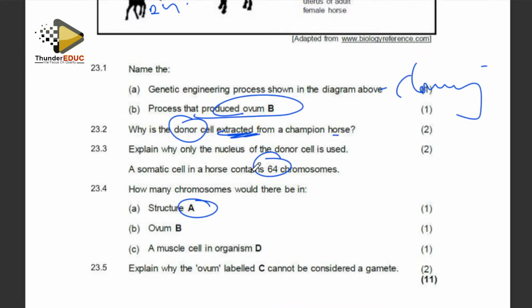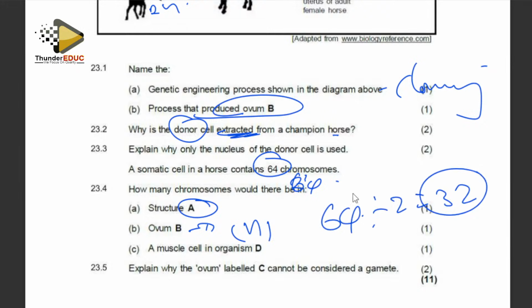Then the second question: the ovum is haploid, and it was 64, so divided by 2 gives me 32, because haploid means half the number. Then muscle cell D is a diploid cell, so it's going to be 64.